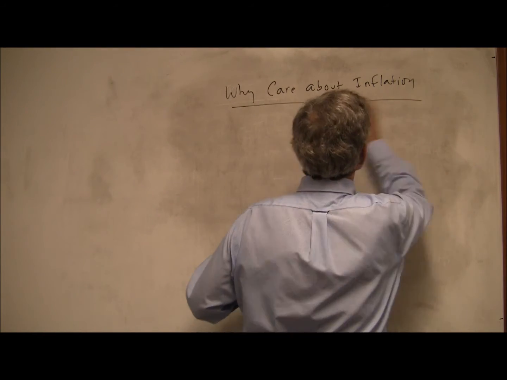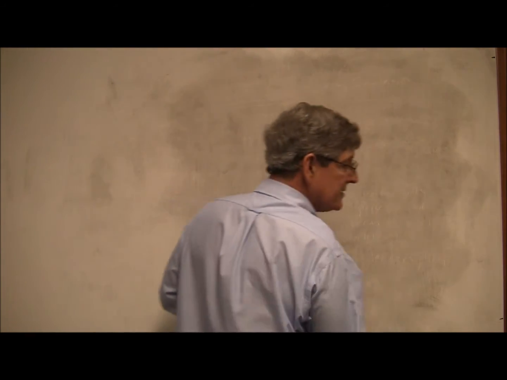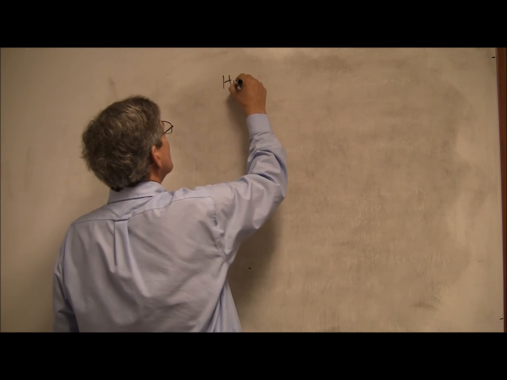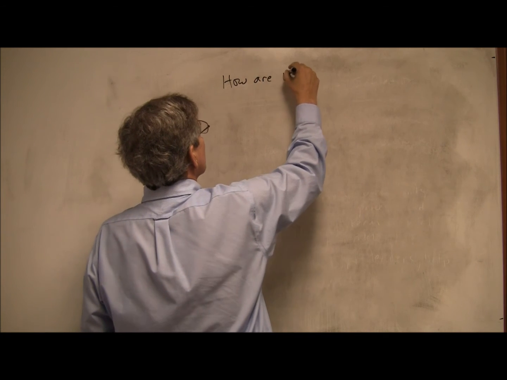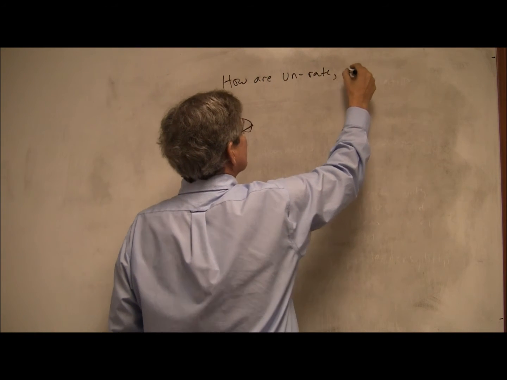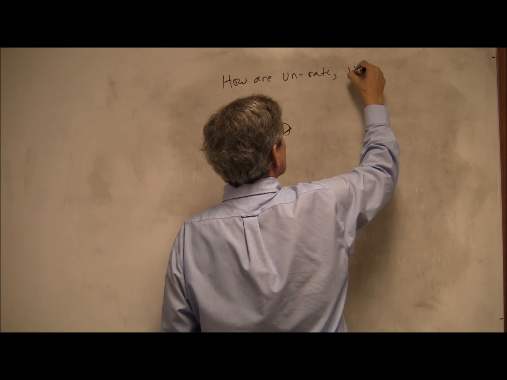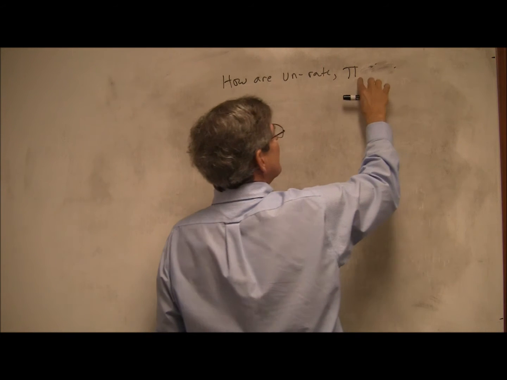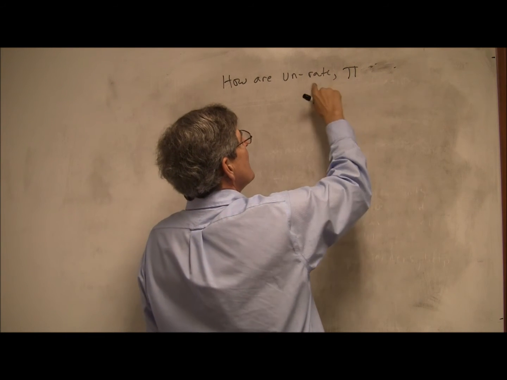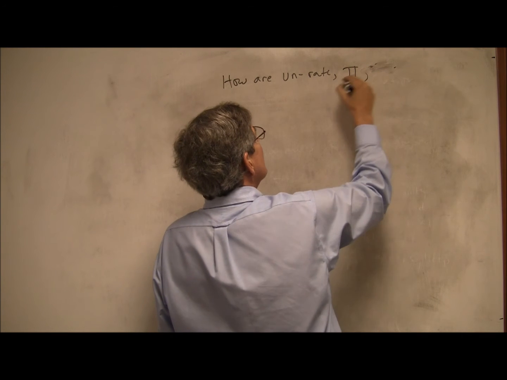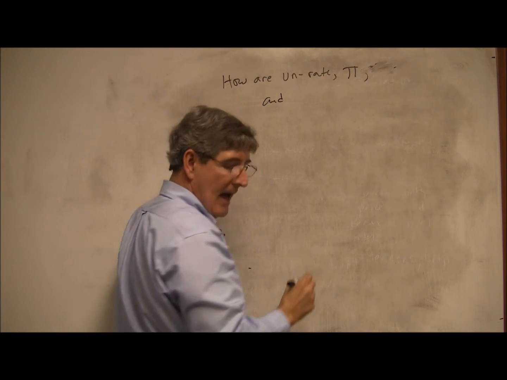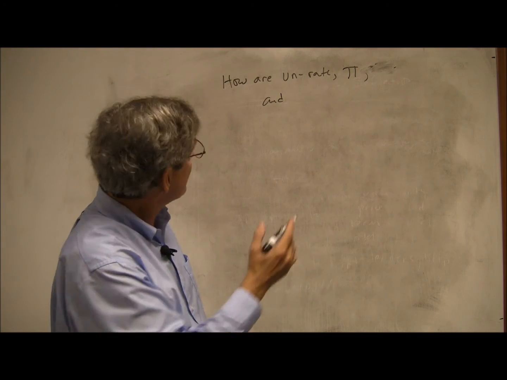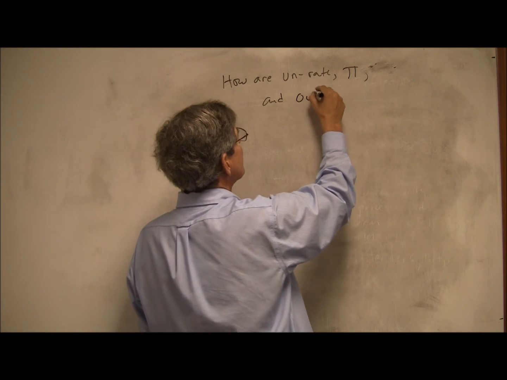All right, let's move on to the last two topics for today. How are the unemployment rate, the inflation rate, and output related? Might as well just start doing it now. Pi is the symbol for the inflation rate, and we'll be using that a lot. So, unemployment, inflation, and output.